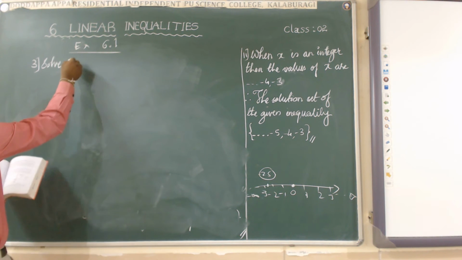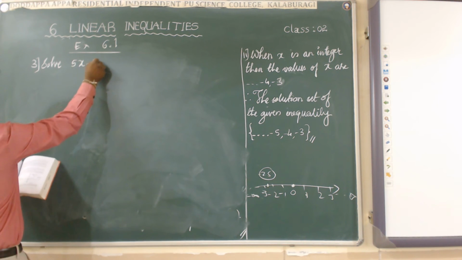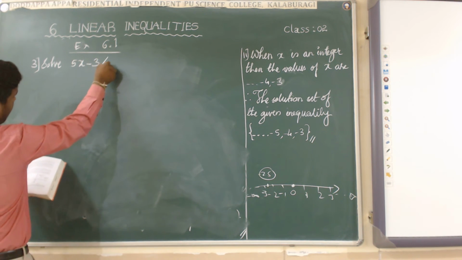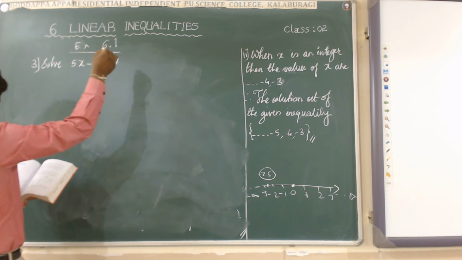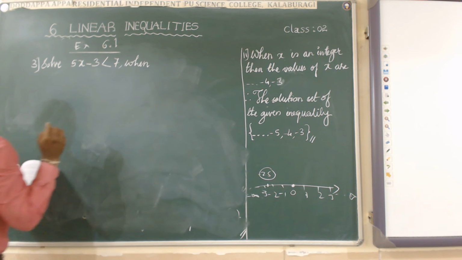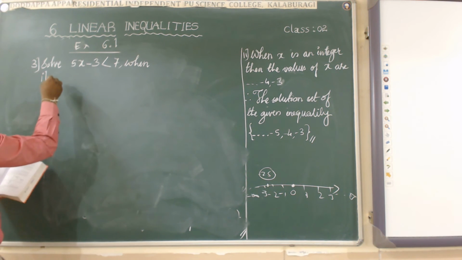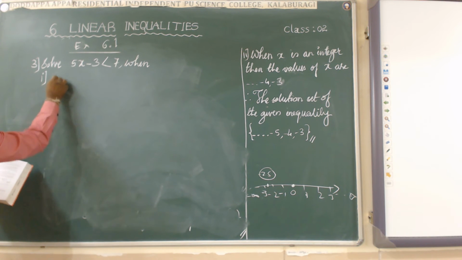Solve 5x minus 3 less than 7. This type of question is when x is an integer, and the second one when x is a real number.